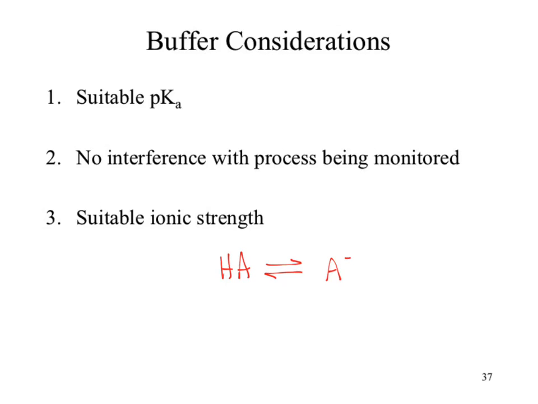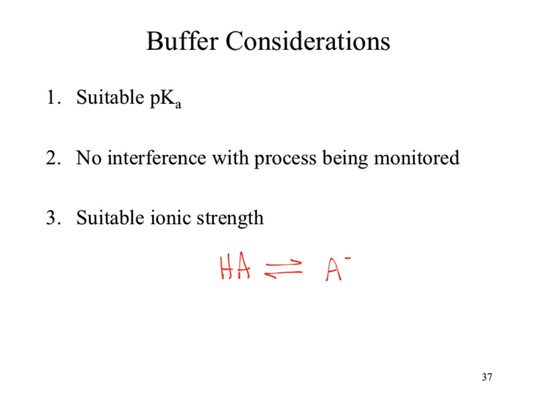And for it to be a suitable buffer, what do I have to have present? Hint, the answer is actually on there. To be a suitable buffer, what do I need to have? HA and A minus.